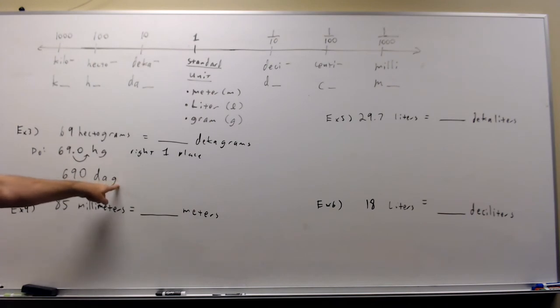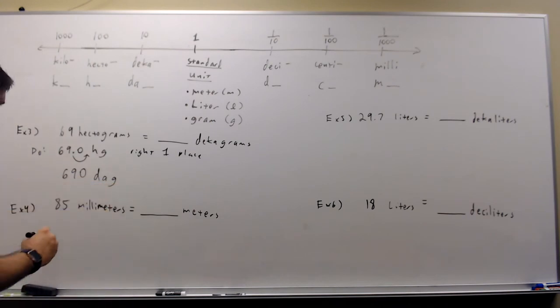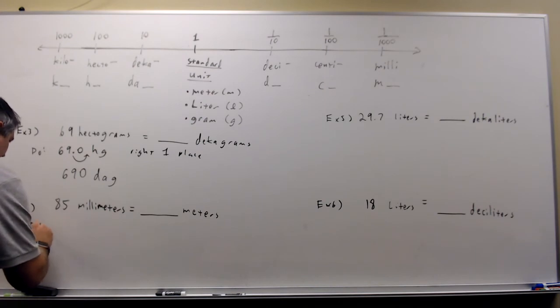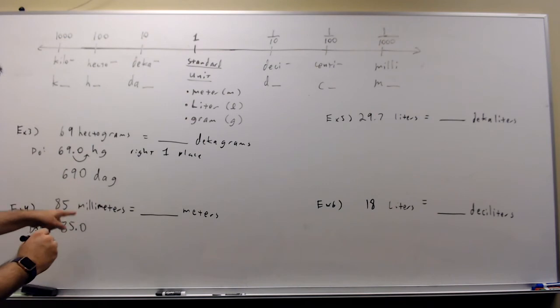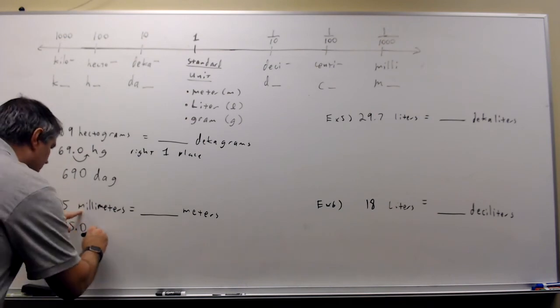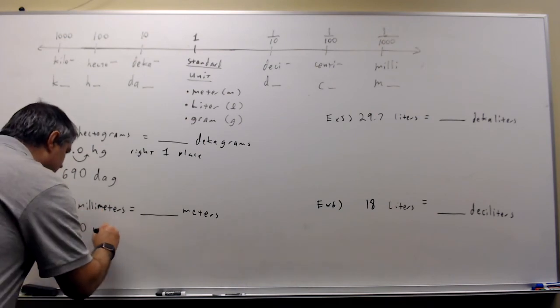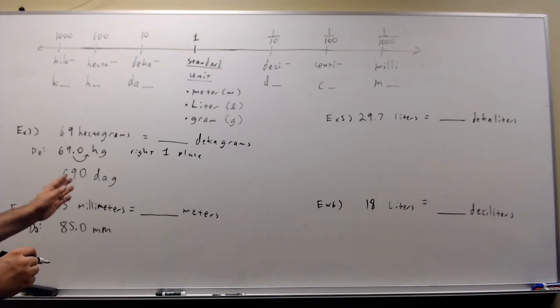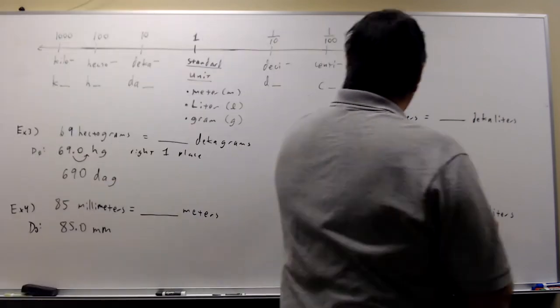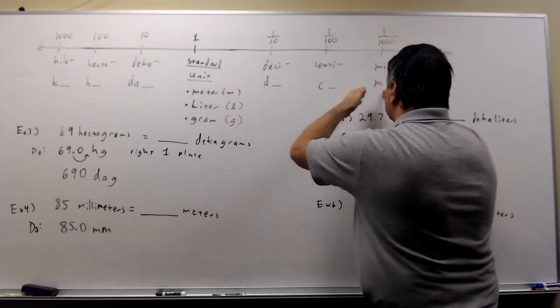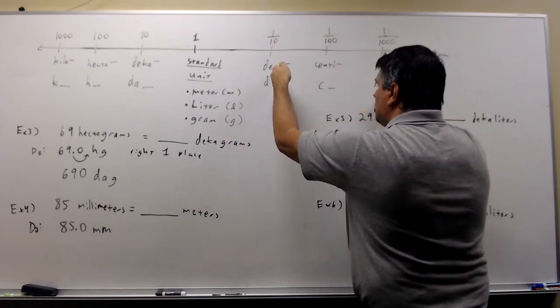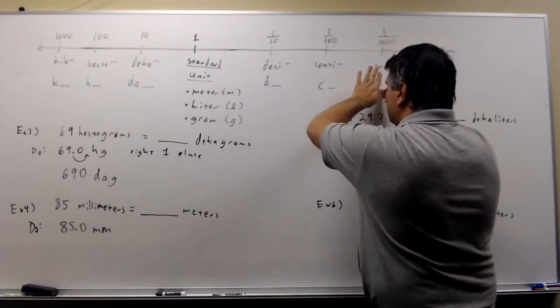Decagrams. All right, same idea here. 85 millimeters is equivalent to 85.0 millimeters. Okay, and we are currently at milli. We want to get to the standard unit. So we're going to go over 1, 2, 3 places to the left.